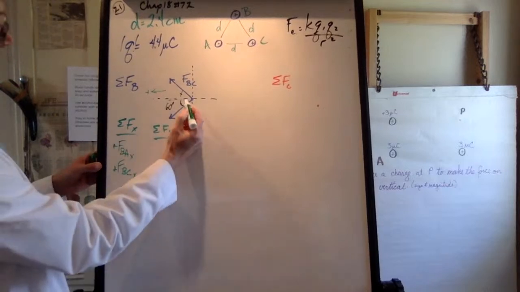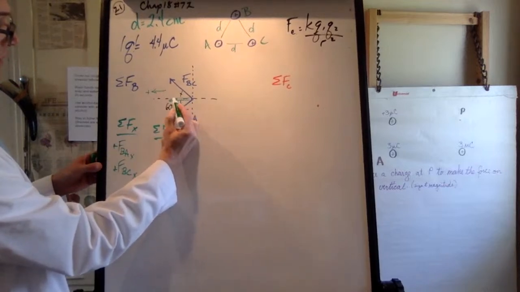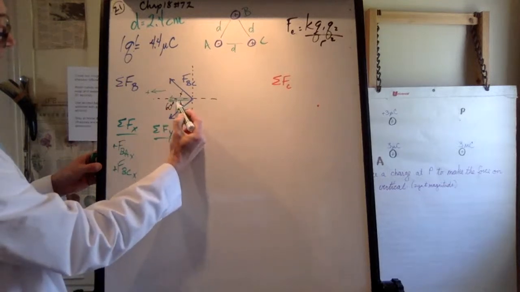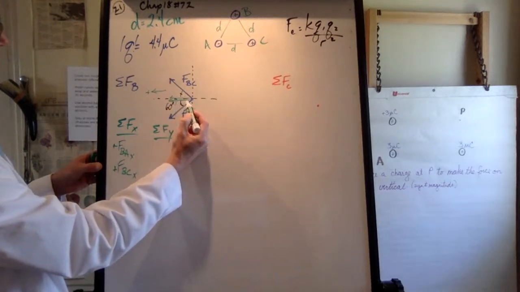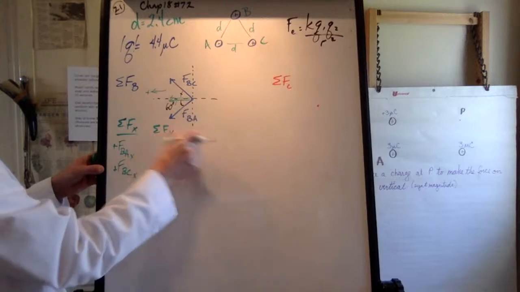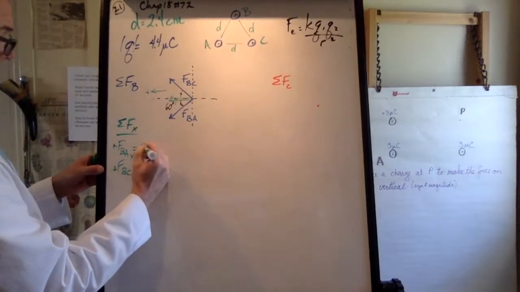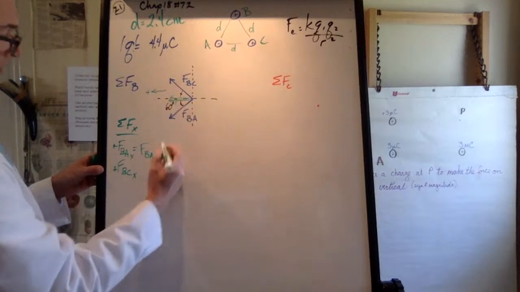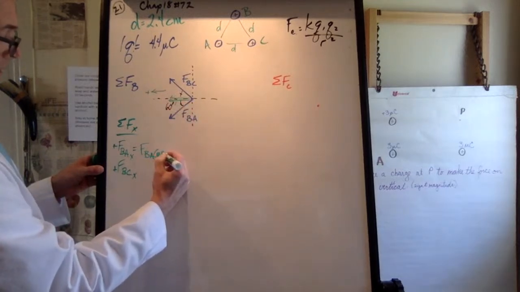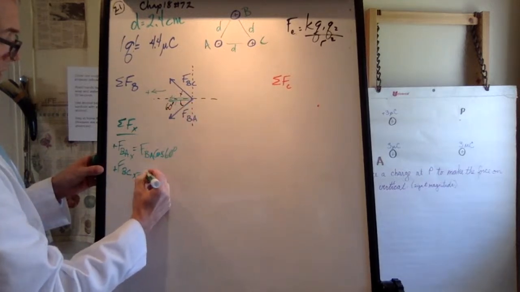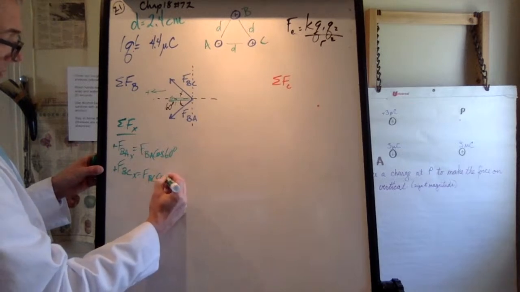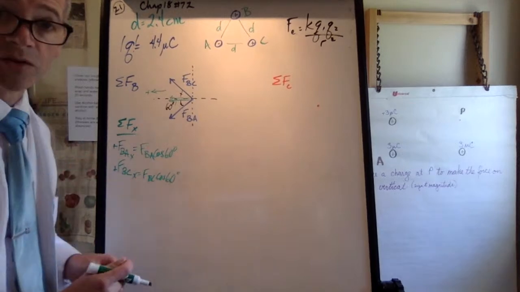That is FB in the x. This is the cosine. This turns out to be FBA cosine 60 equals FBC cosine 60, and we can just add those together.